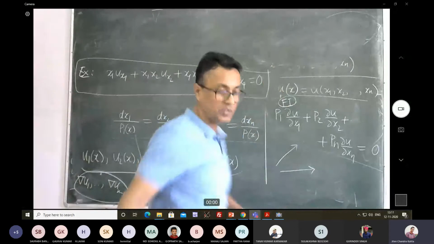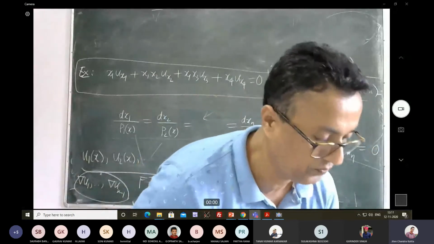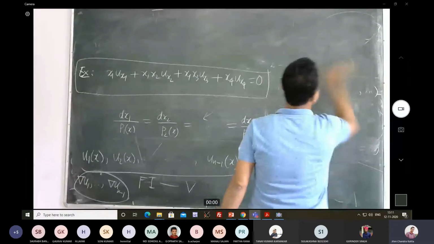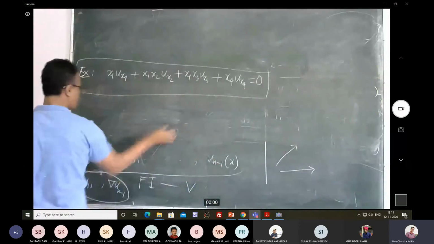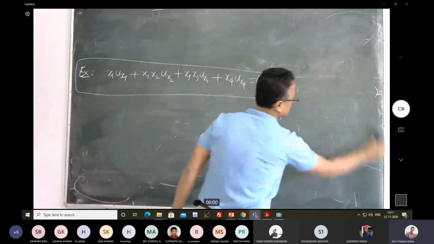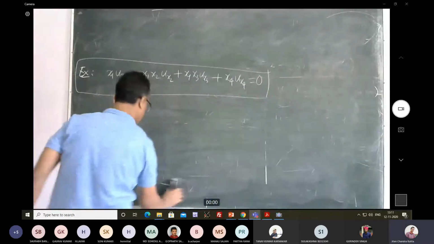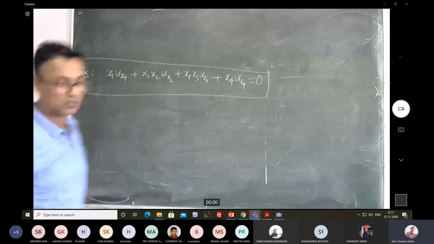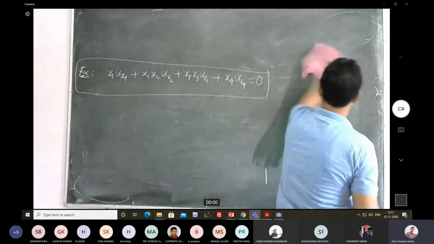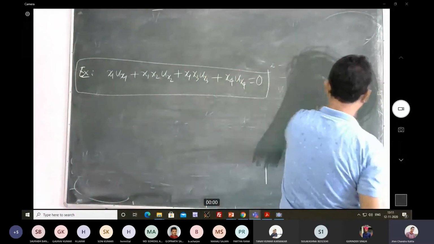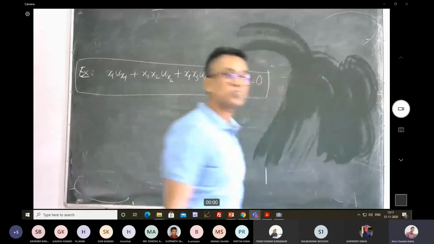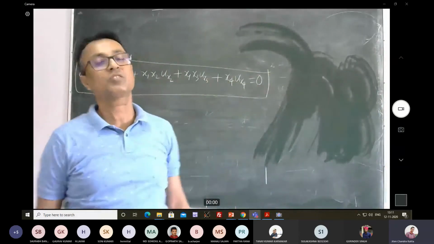I think the book hasn't given any name for those equations, dx by p equal to dy by q equal to dz by r.